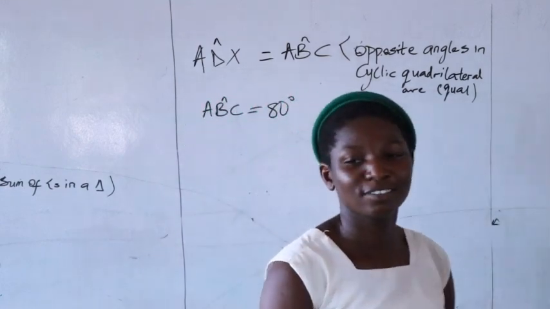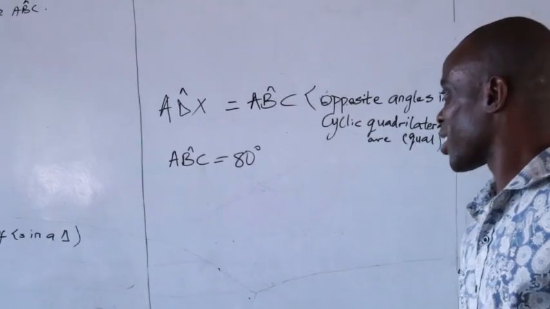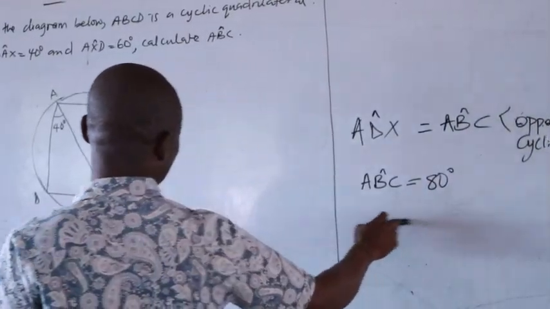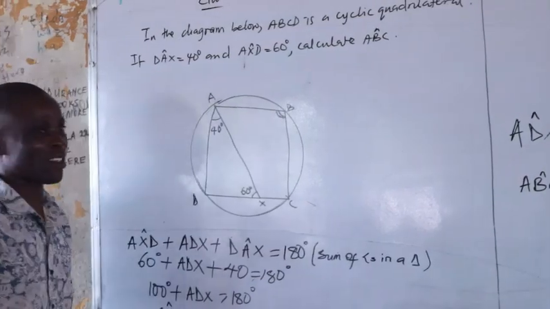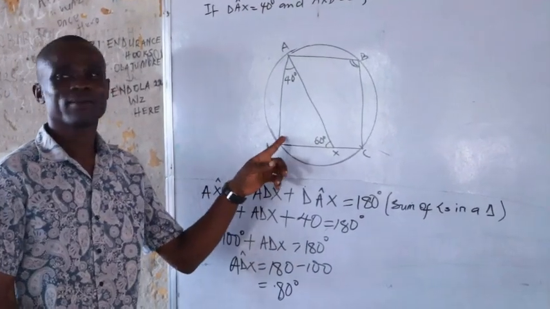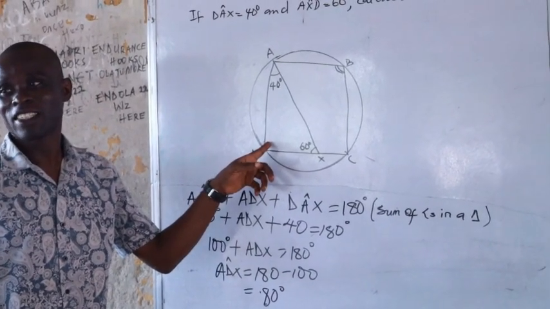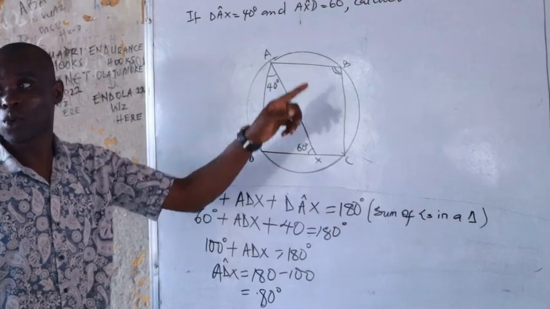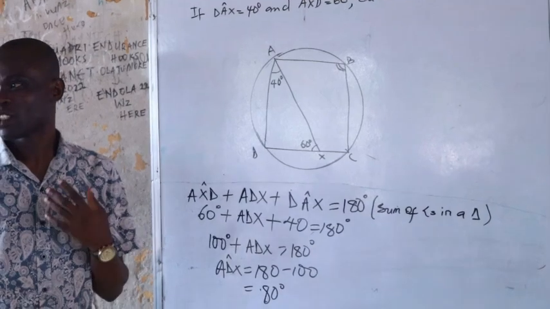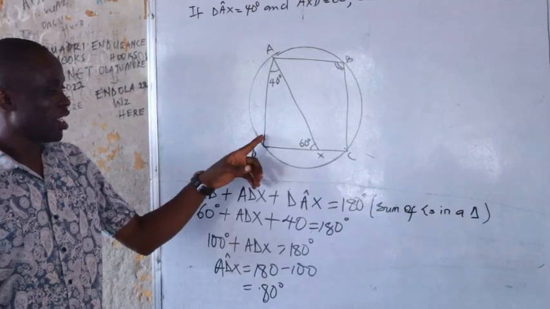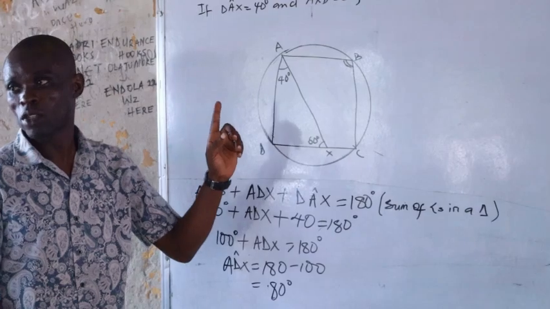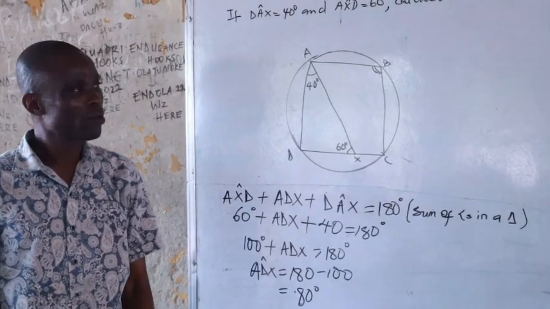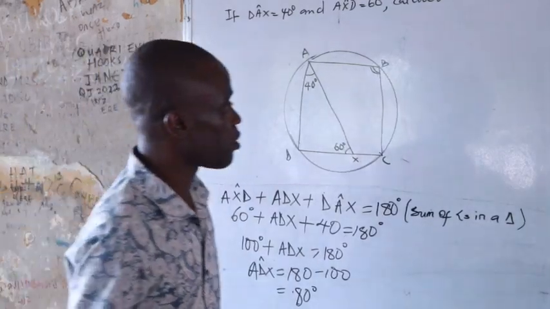No. Okay, go and sit down. Now you missed it from here, because after getting this as 80, these two angles are not equal. They are supplementary. The addition of these two angles is what? Is that taken? Not that they are equal. So that is where you missed it.